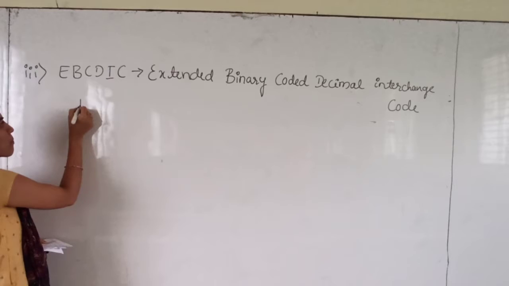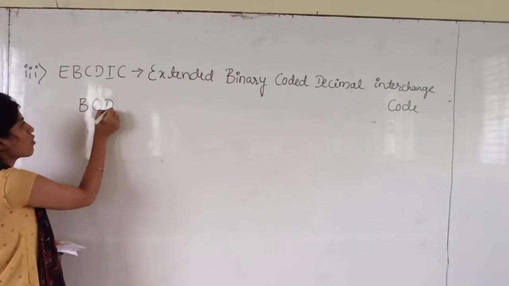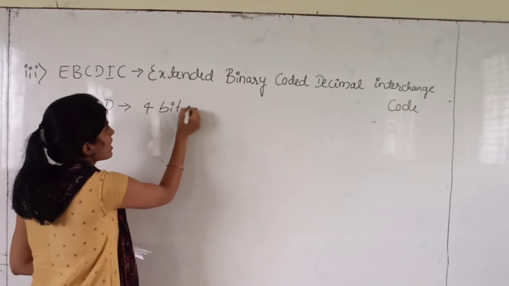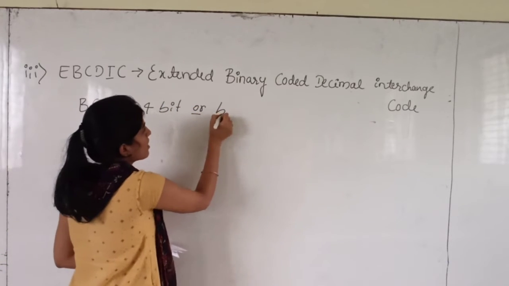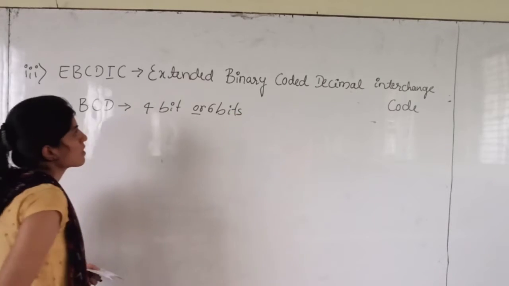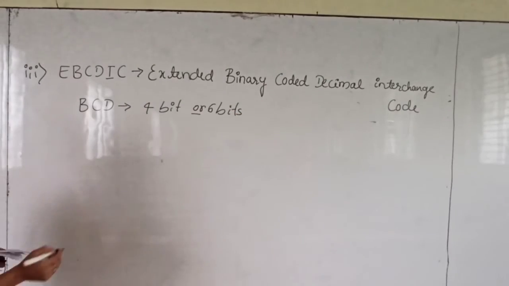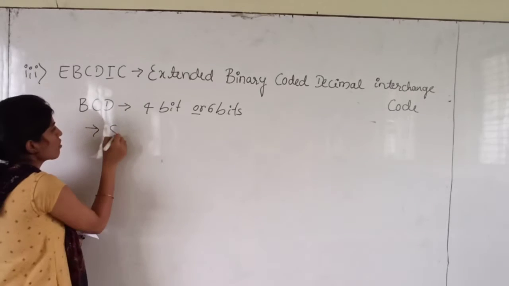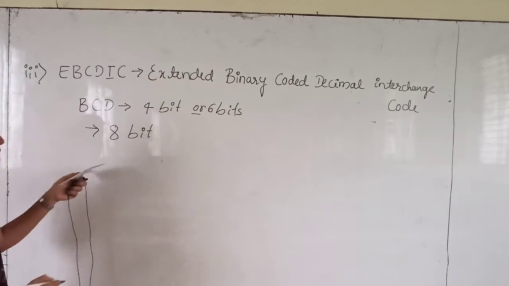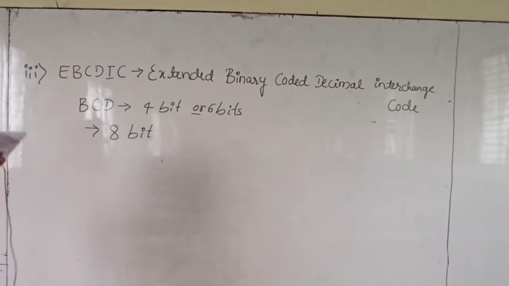In BCD, the computer code is used for 4-bit or 6-bit digits, but in the case of EBCDIC we can extend it to an 8-bit code. 8-bit characters can be used with these.